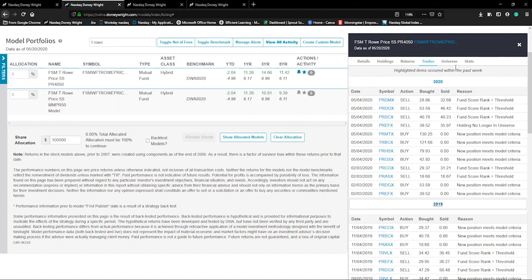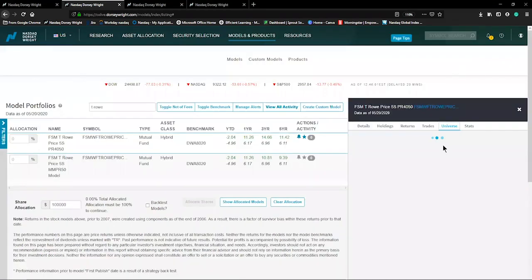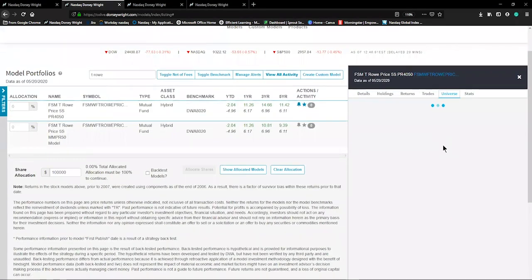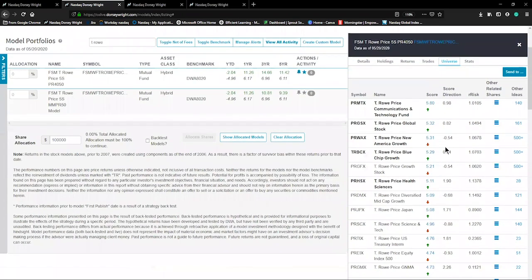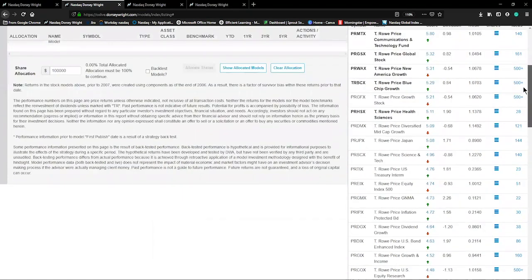In order to see the full universe, you would click on that universe designation there. And you can see that while we currently have a fully invested allocation in those equity-related funds up towards the top of the rankings, there are a lot of different kinds of funds in this potential inventory.